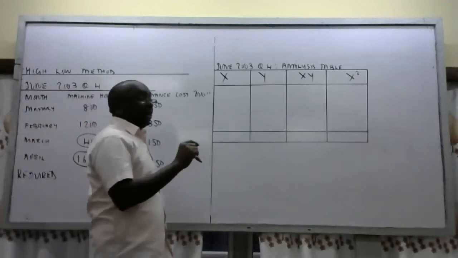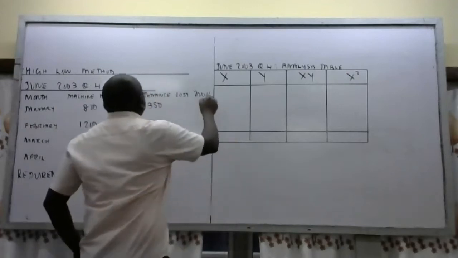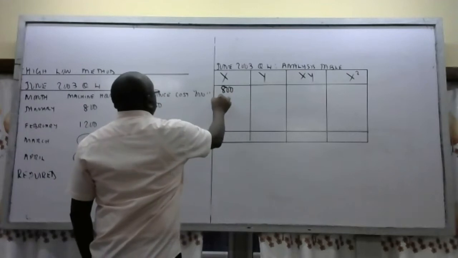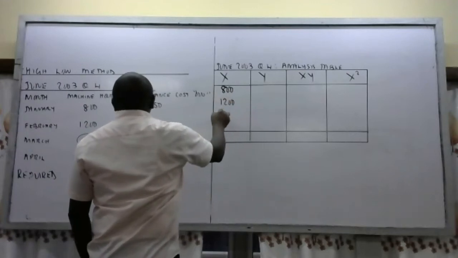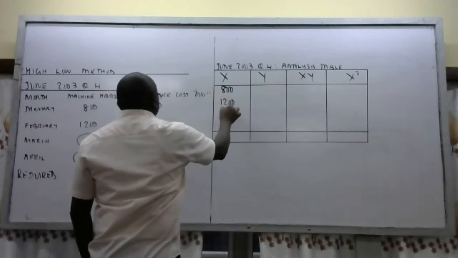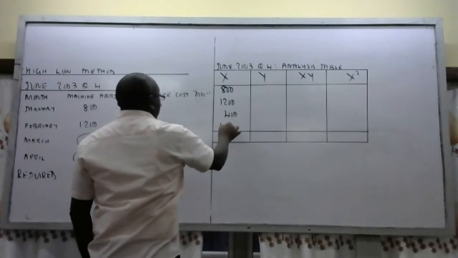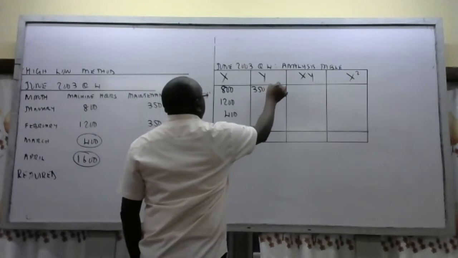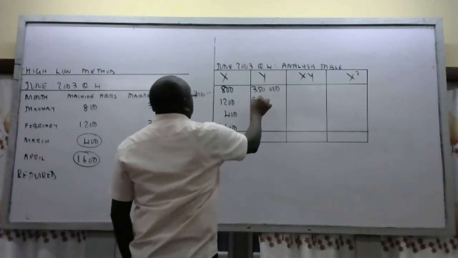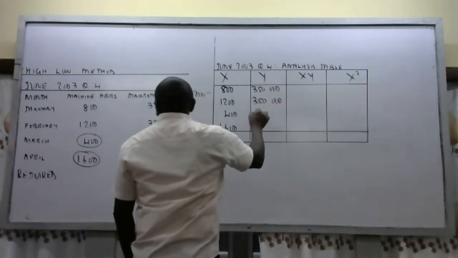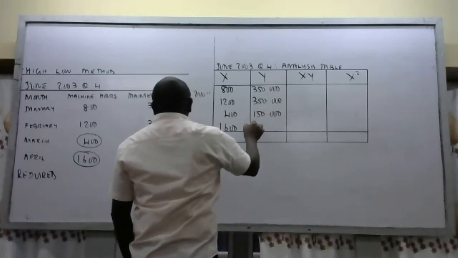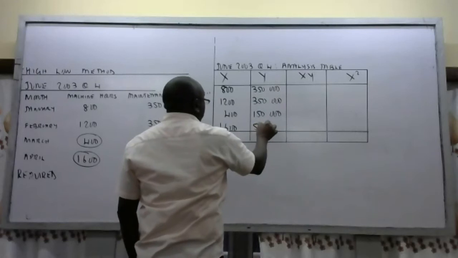But ensure data is in the same form. So here we have 800, then 1,200, 400, and 1,600. Then this is 350,000, this is also 350,000, this is 150,000, and this is 550,000.